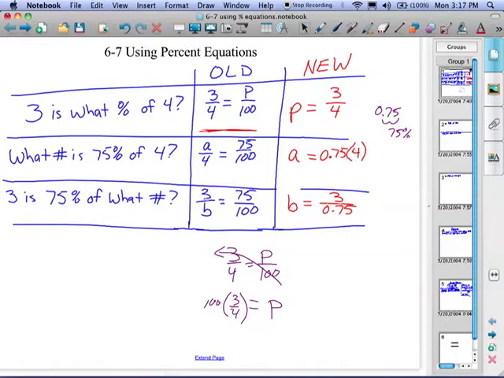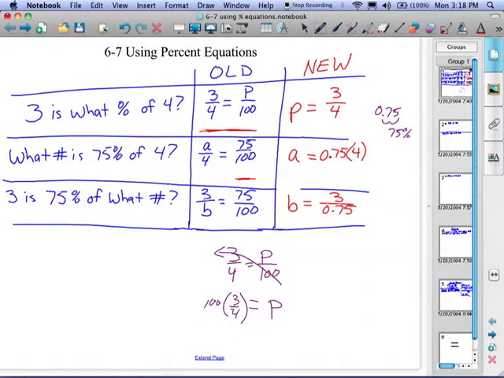In the second example, what number is 75% of 4? We're going to rewrite that as a is equal to 0.75 times 4. I know that's true because 75 100ths, we can look at differently and say, hey, that's actually a decimal. We'll call it 0.75.